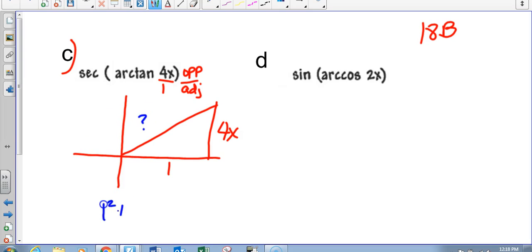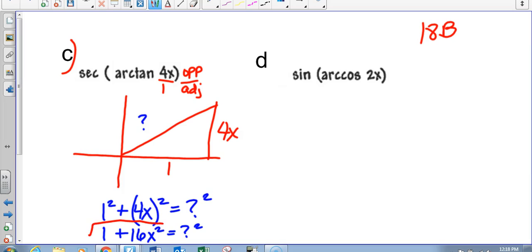So we have 1 squared plus 4x squared equals hypotenuse or question mark squared.